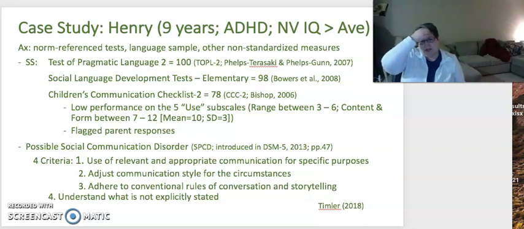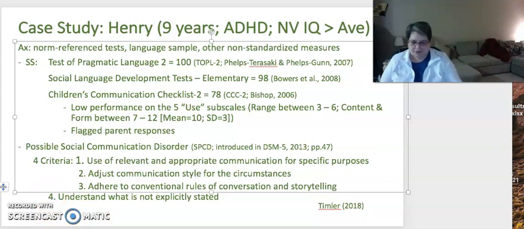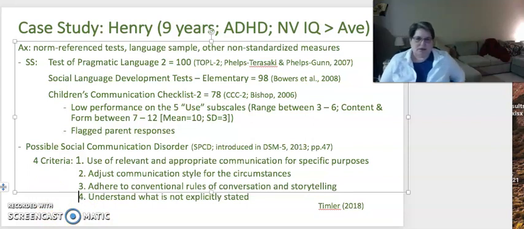So the issue here was social communication disorder for this child, and there are 4 criteria that are considered in the DSM-5 for a social communication disorder.